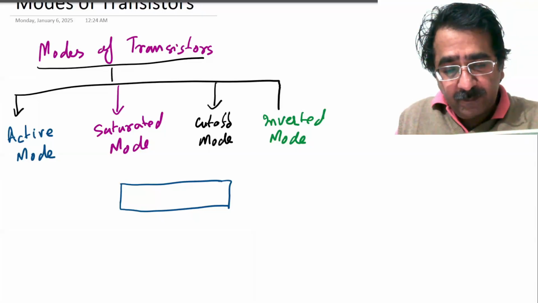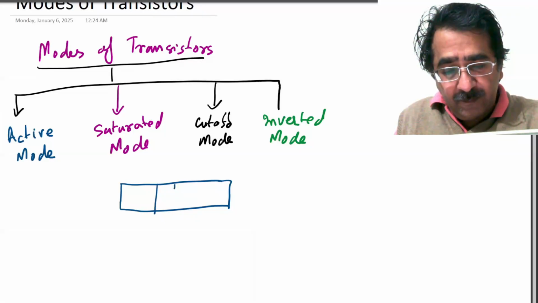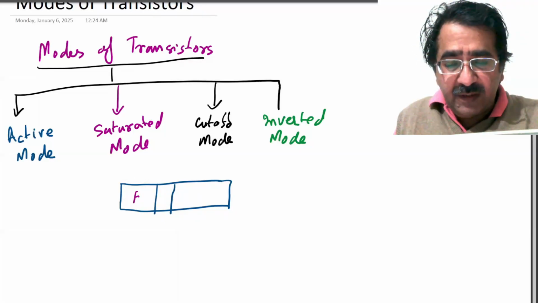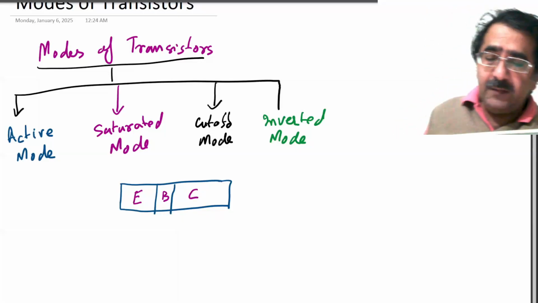The first one is the emitter, the second one is the base, and then the collector.